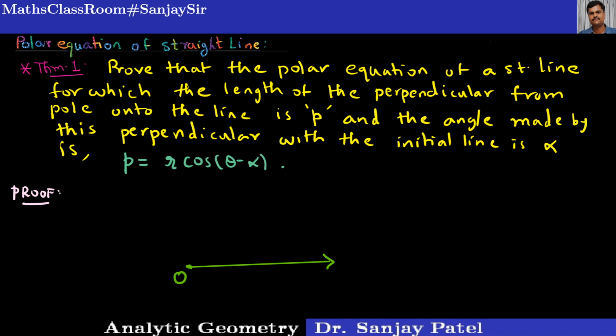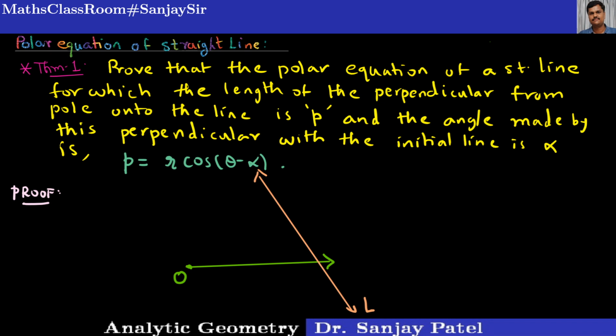Let me choose some other color. Say, let me take a line like this. So this is a given straight line, and let us call this line L, and we want to draw a perpendicular from the pole onto this line.